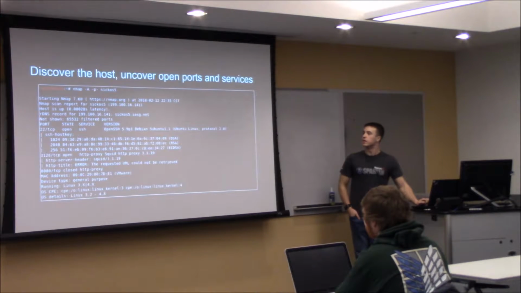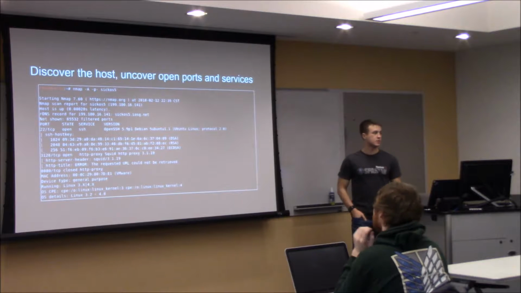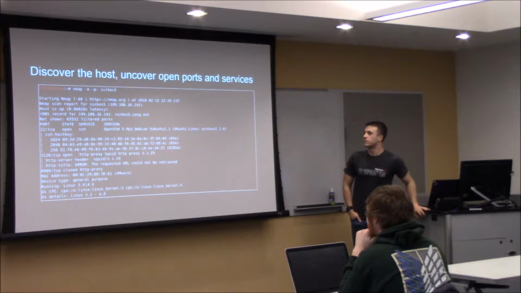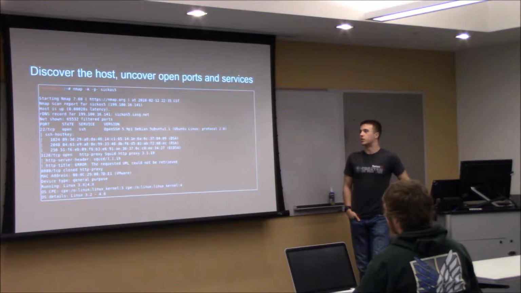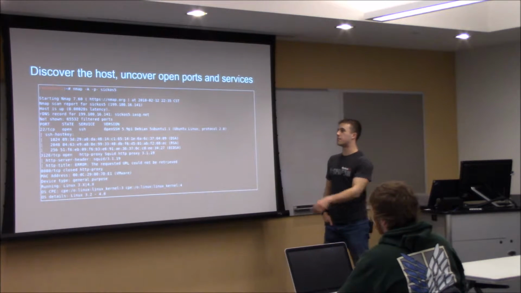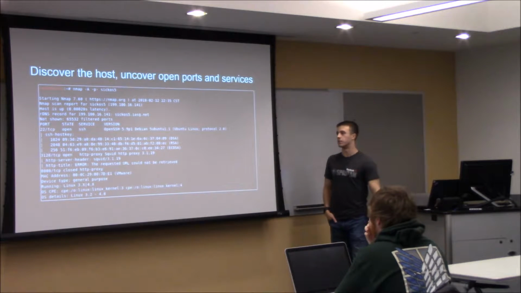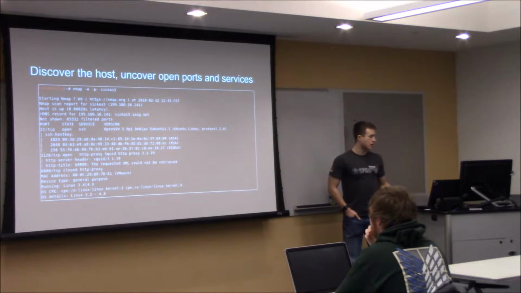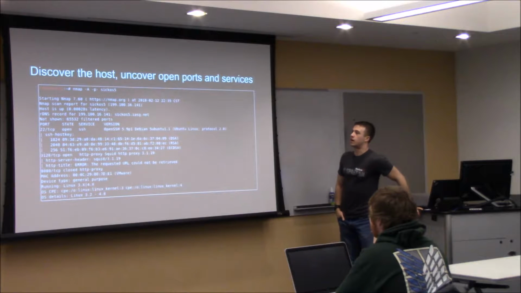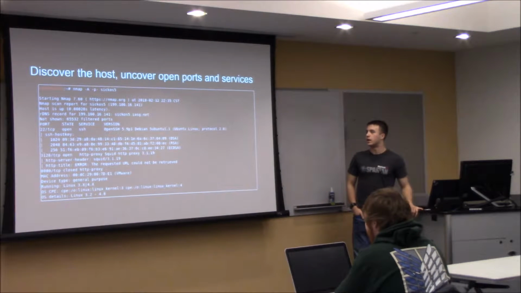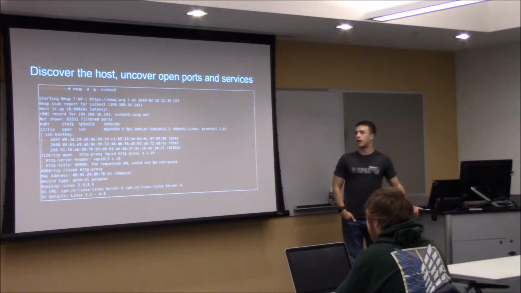Okay, so the first thing in any of these boxes, you need to discover where it is and what's open and what's running on it. So here I'm doing an nmap scan on the SICK-OS 5 host because that's the one I picked to work with. You can see I'm using -A to do service detection, OS detection, and then a port scan on that box.